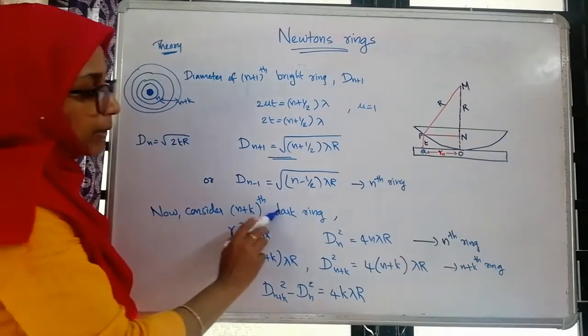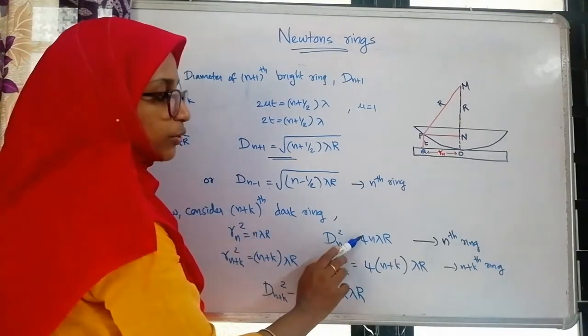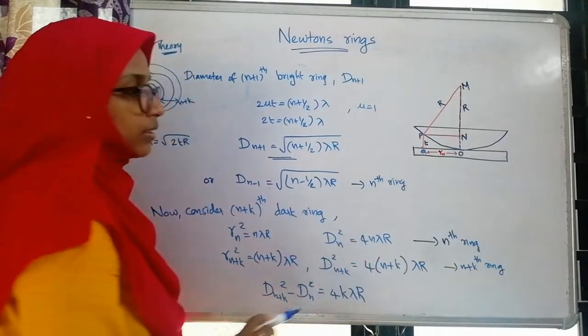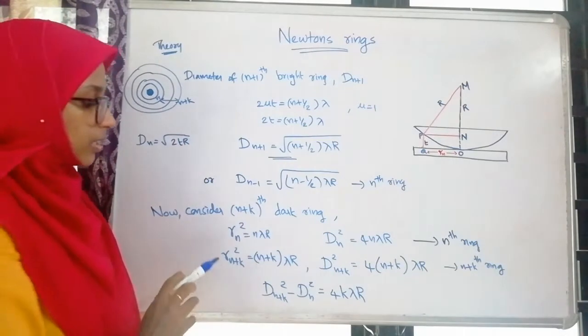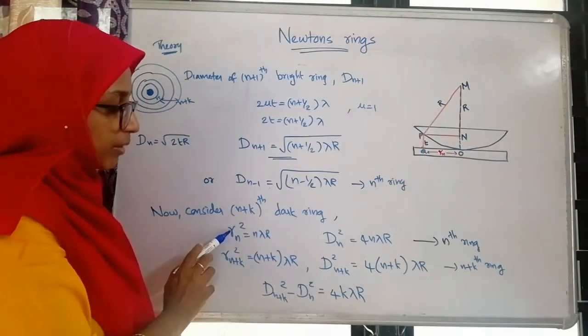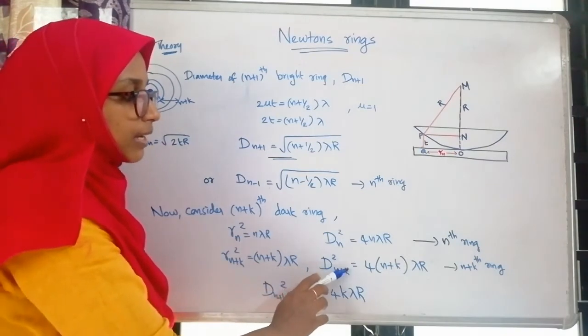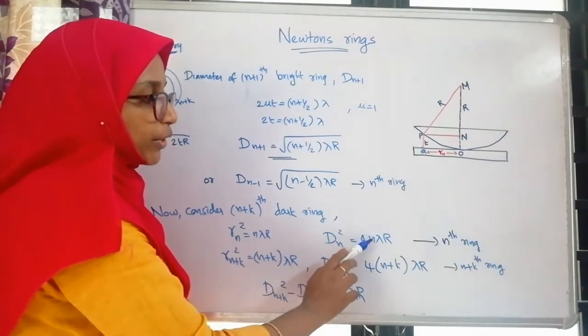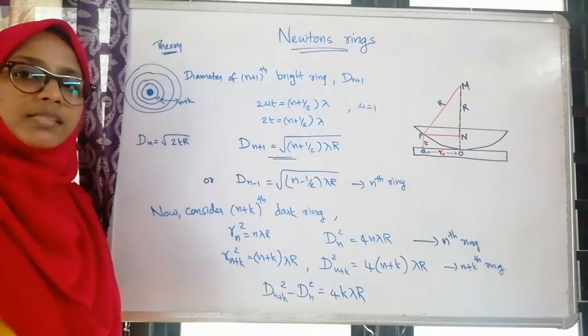Now consider the n plus kth dark ring. We know Rn square is equal to n lambda R, and Dn square is equal to 4n lambda R. That is the diameter of the nth ring. Rn plus k square, from this we can write it as n plus k into lambda R. Similarly, Dn plus k square is equal to 4 into n plus k lambda R. That is the diameter of the n plus kth ring.